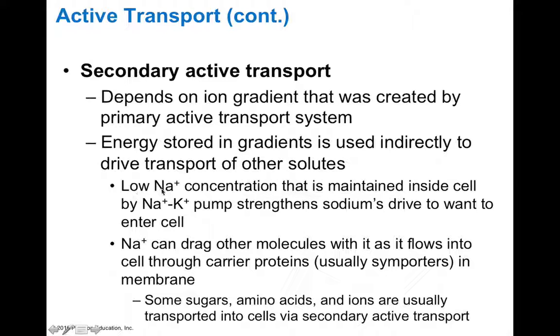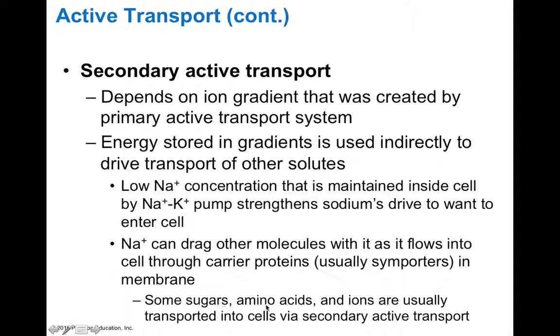So for instance, let's say that you have low sodium concentration that's maintained inside the cell by the sodium-potassium pump, and it strengthens sodium's drive to want to flow into the cell. Now what's interesting here is that sodium can physically drag other molecules with it, but this is through a different type of transporter, usually a symporter of some sort.